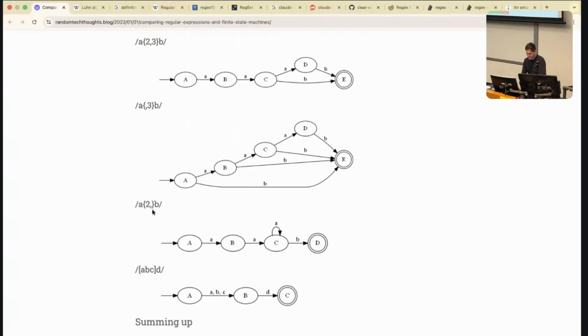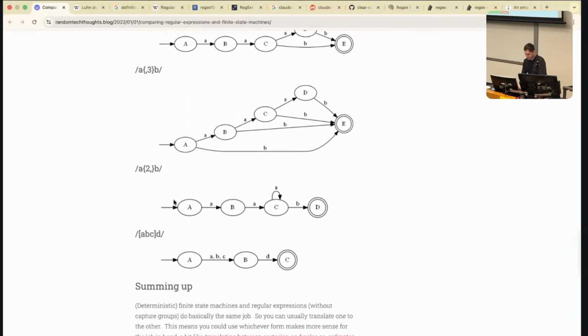So, 2 or more A's followed by B. Oh, I'm so sorry. It should be A, then A, we know it has to be like that. Then there could be more A's repetitiously, definitely followed by a B.